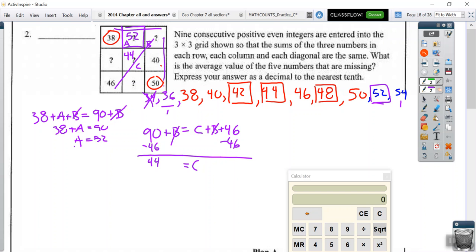All right, so what next? That is the question. So I would really like to figure out the actual numbers here, the sum, because then, man, I'm in good shape after that. So what can we do?